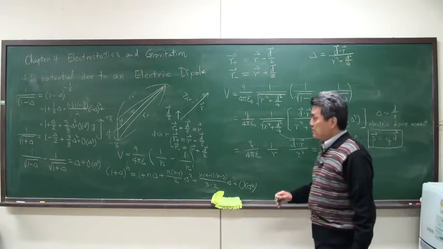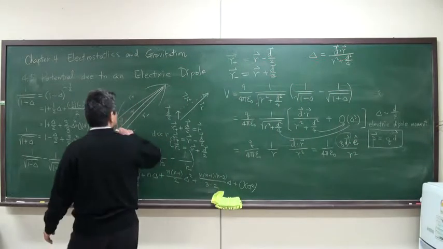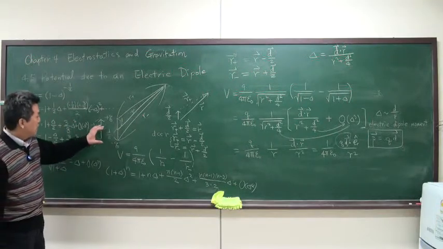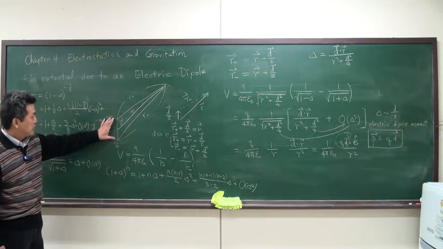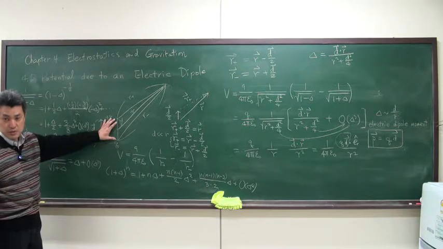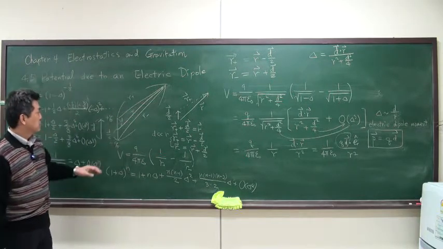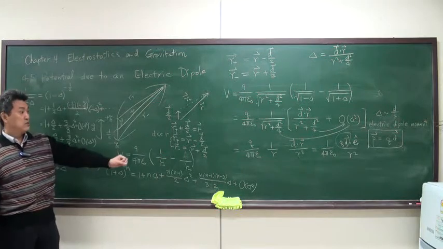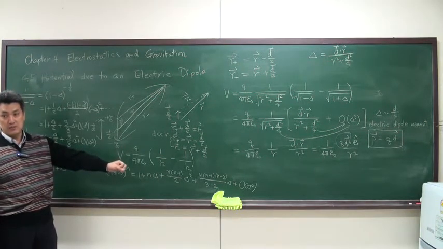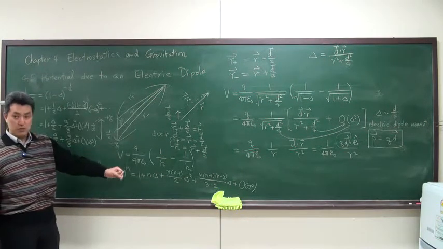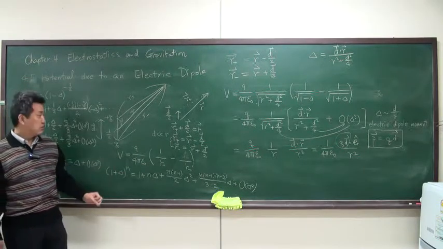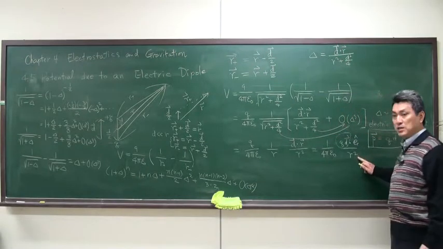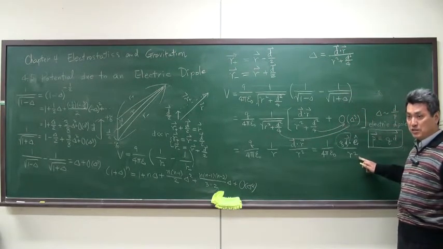So if we are placed at a distant point, distant enough, much bigger than the distance between the two charges, if r is much bigger than the distance between the two charges, you can see the monopole structure cancels, but still there is an electric field that is much weaker than this one, with the potential having an additional power in the denominator.